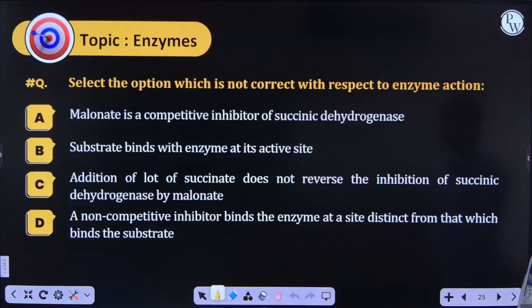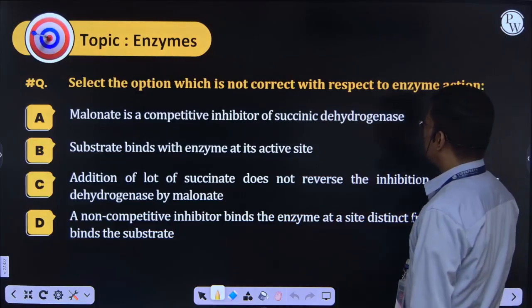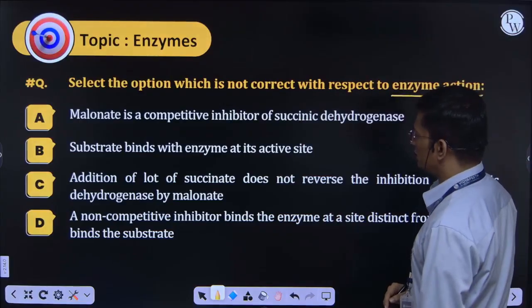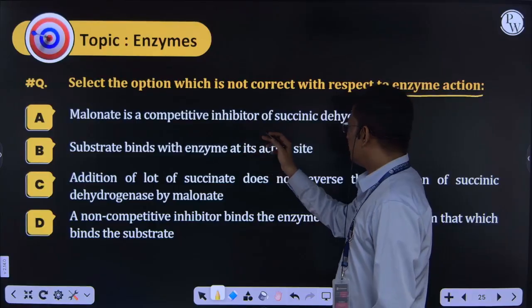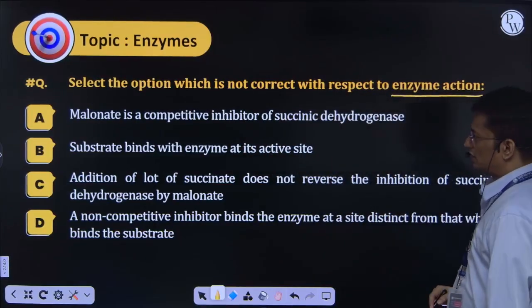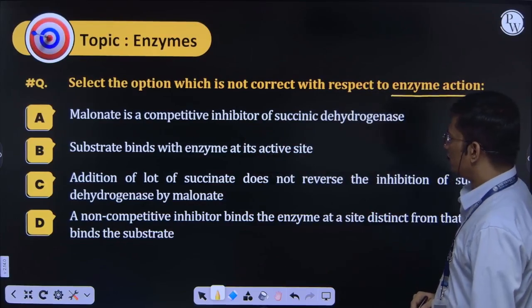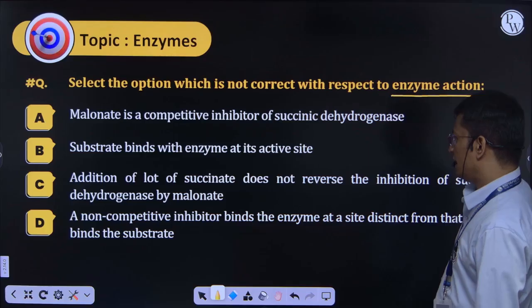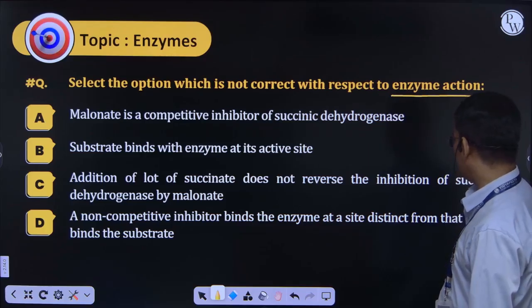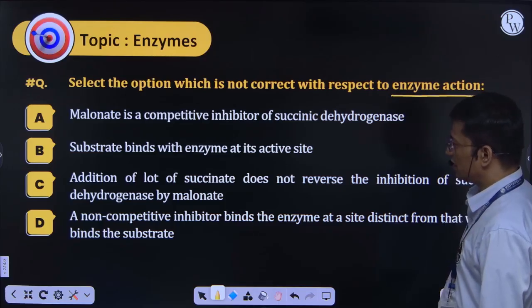Next one. Select the option which is not correct with respect to enzyme action. Malonate is a competitive inhibitor of succinic dehydrogenase. Substrate binds with the enzyme at the active site. Addition of a lot of succinate does not reverse the inhibition of succinic dehydrogenase.